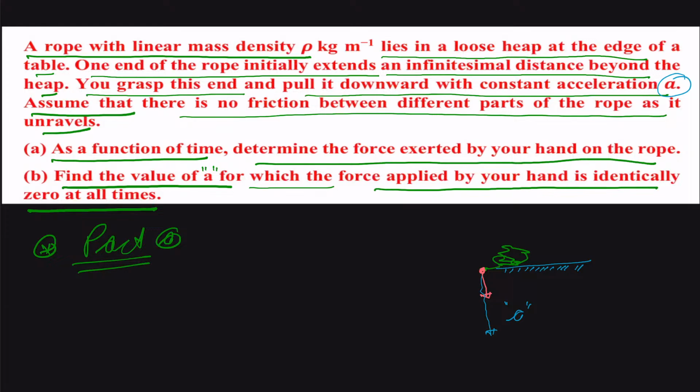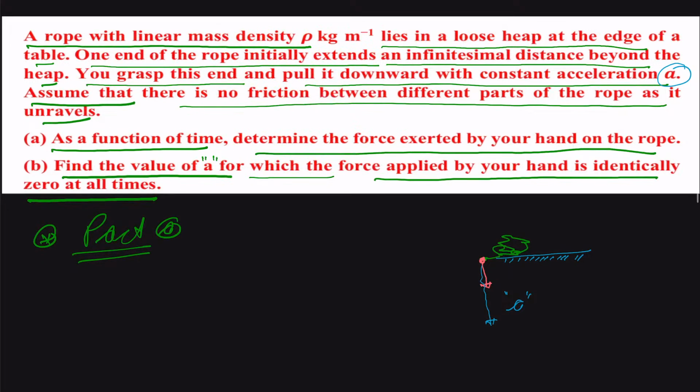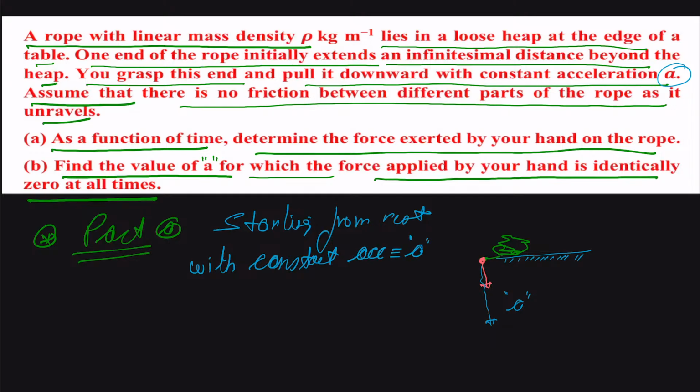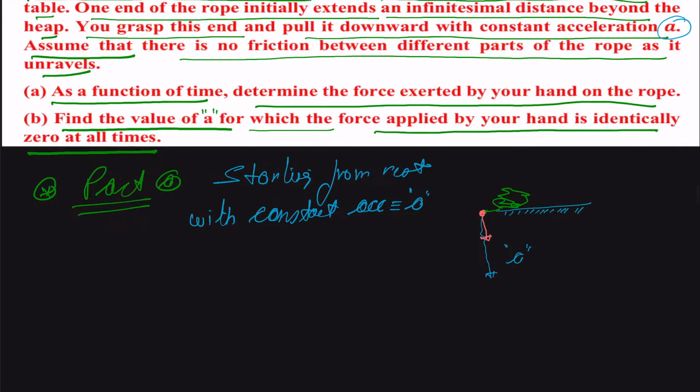In part A, we are going to use the kinematics equations, and it is said that the rope initially was at rest. So we can say that it starts from rest with constant acceleration of A. Therefore, at any time t, you can write the velocity equation.